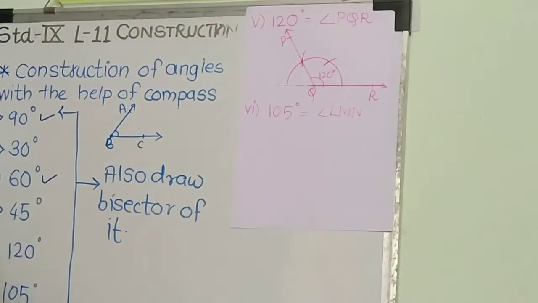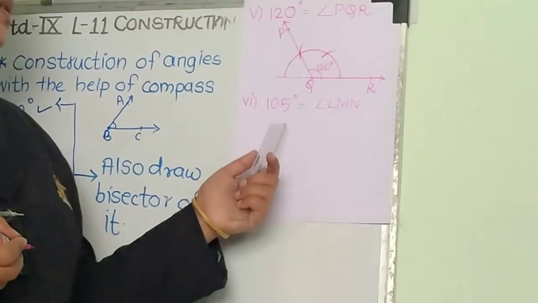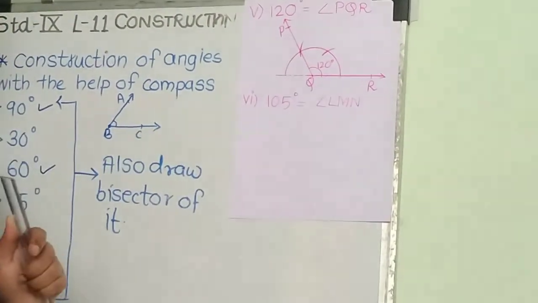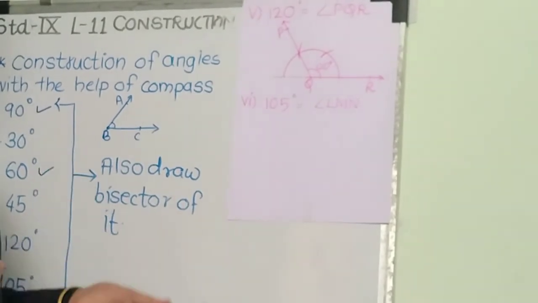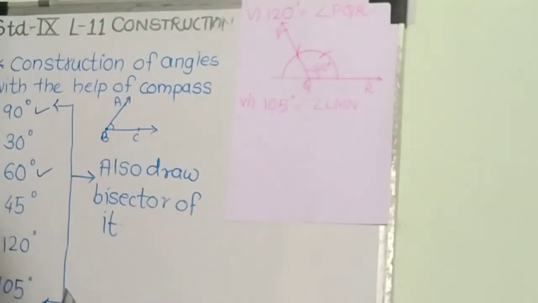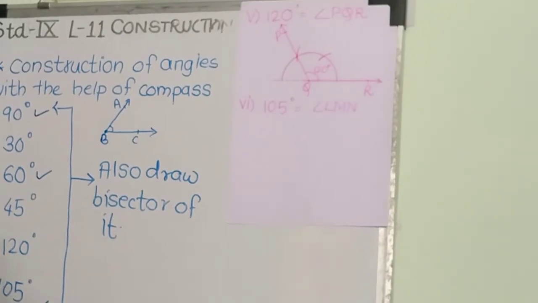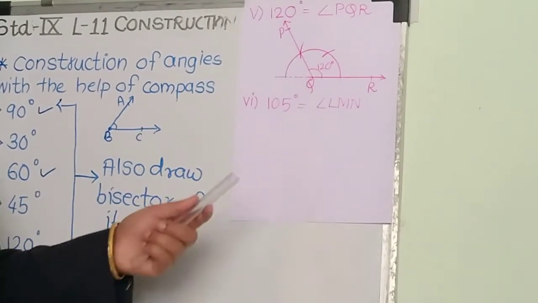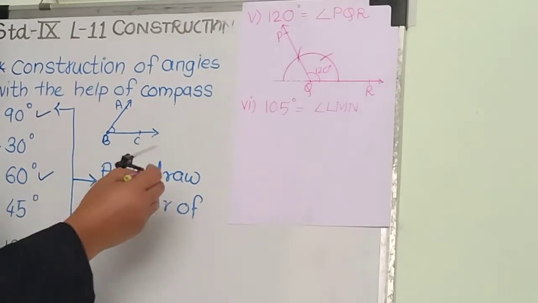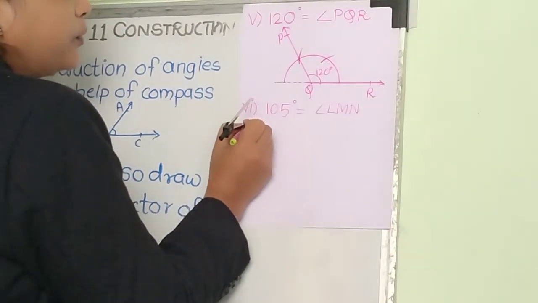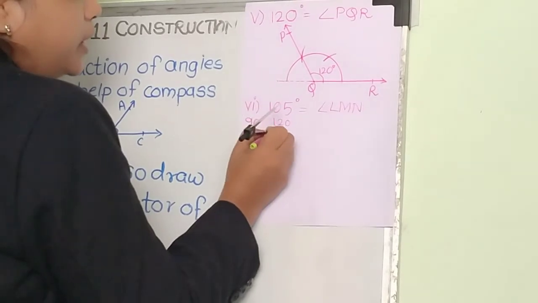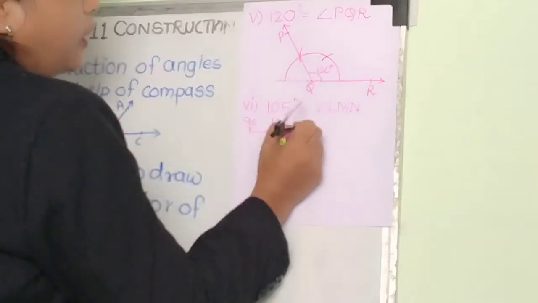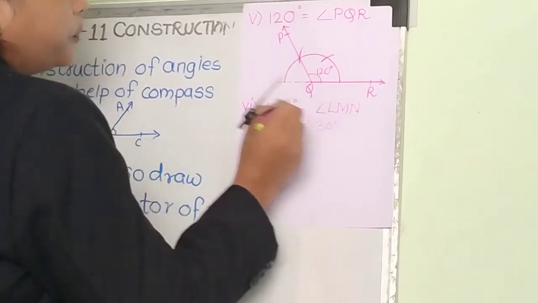Okay, so first see here, 105 is more than 90 degrees and less than 120 degrees. Correct? So the difference between 90 degrees and 120 degrees is 30 degrees.